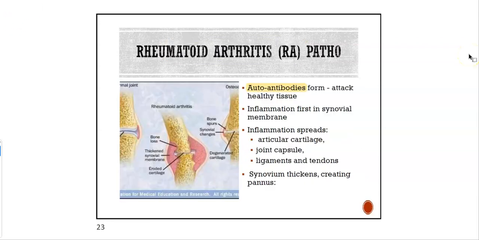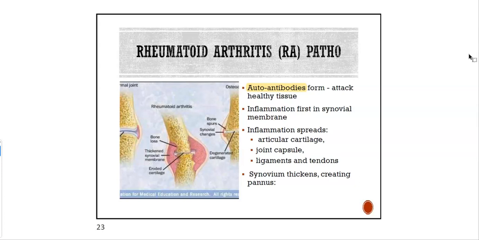As I mentioned to you guys earlier, RA is an autoimmune disease. This is when you form autoantibodies, when antibodies are attacking your own healthy tissue. So inflammation happens in the synovial membrane, and then it can spread to the articular cartilage, the joint capsule, ligaments, and tendons, especially if it's not being treated.